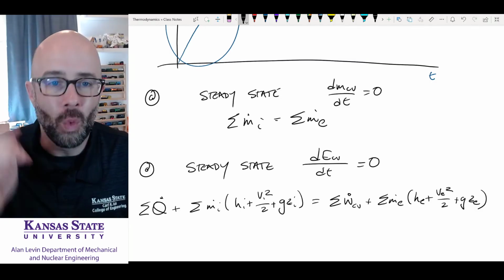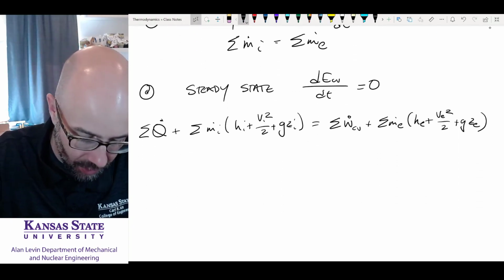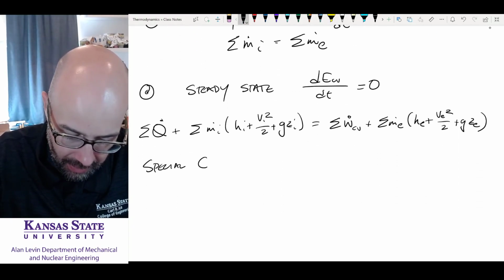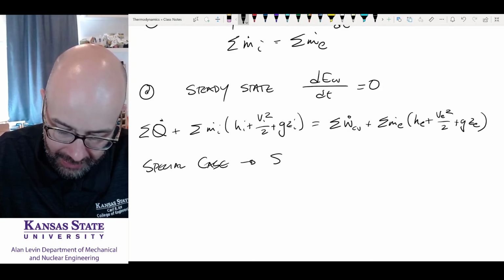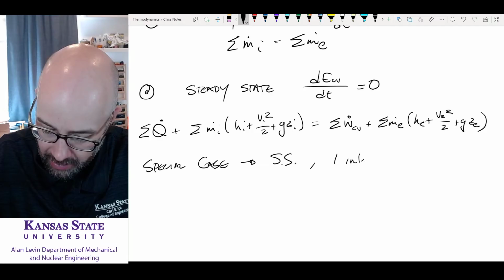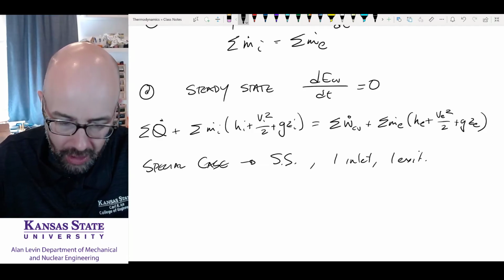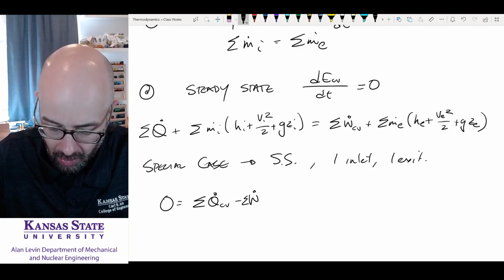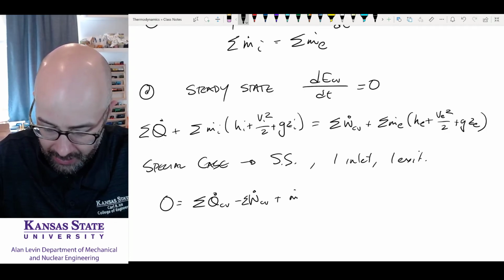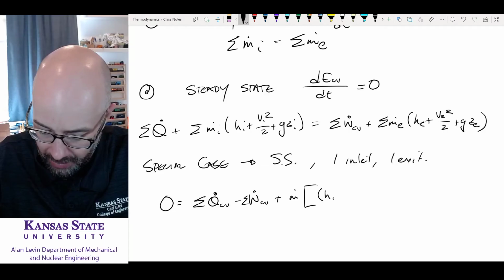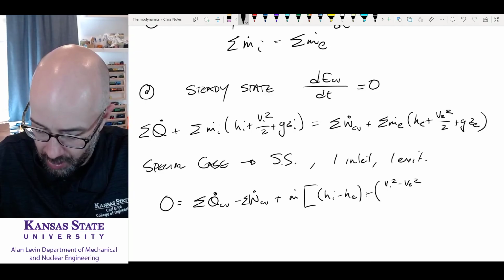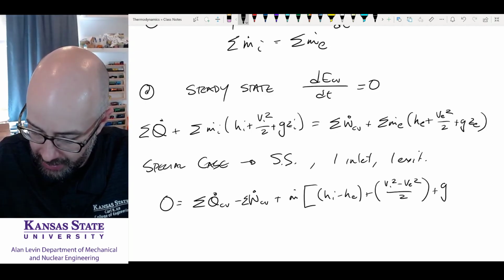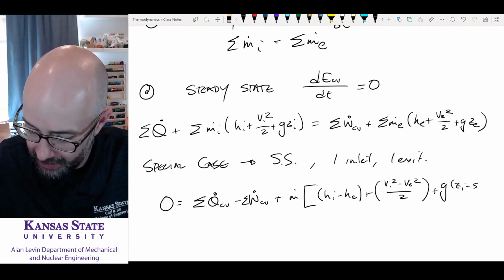All right, often we're going to have one inlet and one exit. That's a special case. If it's steady state, and we have one inlet, one exit, your equation is going to be 0 equals the heat transfer of the control volume minus the power of the control volume plus m dot times h in minus h exiting plus V entering squared minus V exiting squared over 2 plus g times z entering minus z exiting.